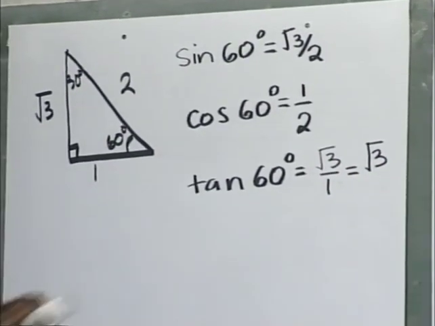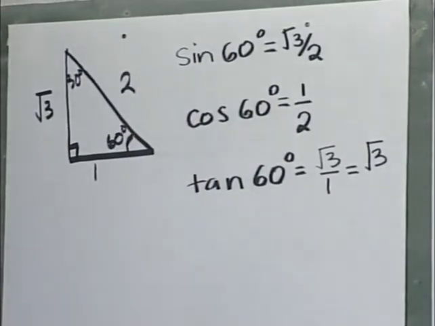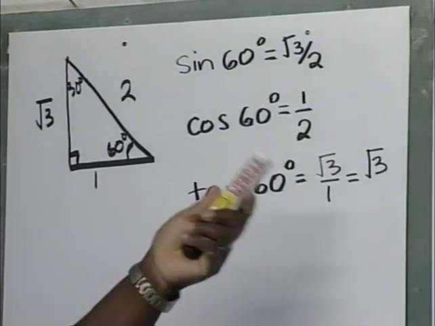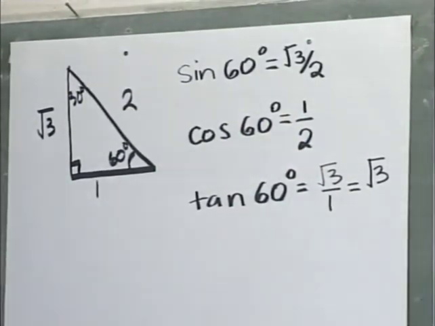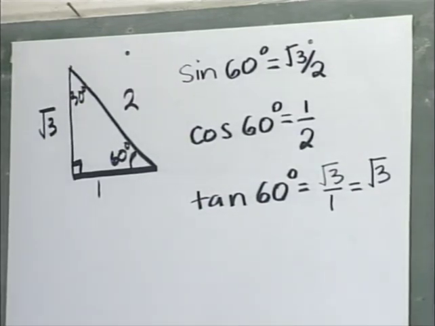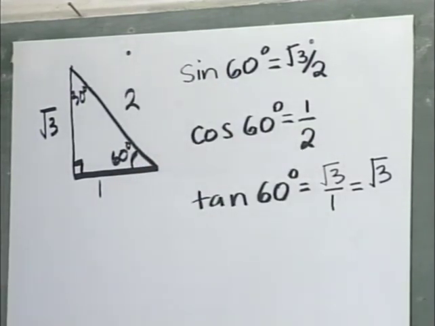Okay, with your calculator, if you press sine 60, finding sine of 60 degrees is exactly the same as dividing root 3 by 2. I think it's 0.866. Okay, root 3 over 2 is also 0.866.